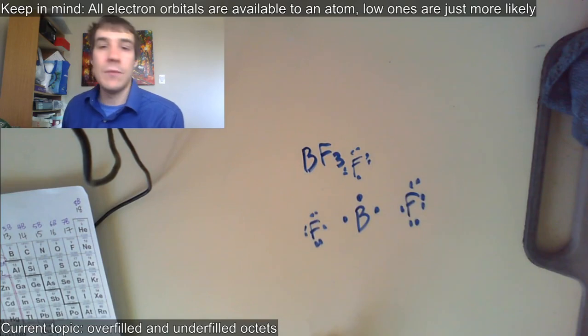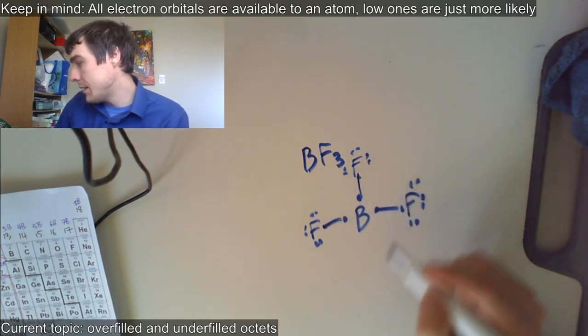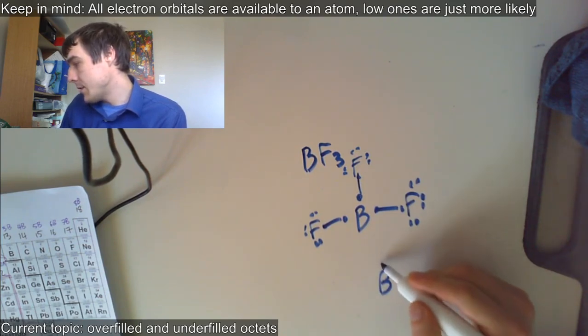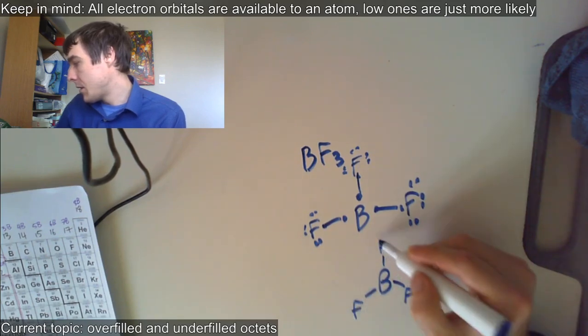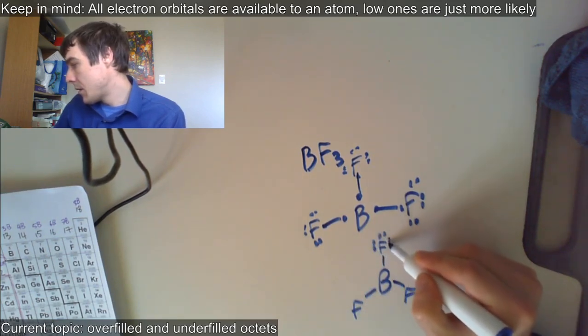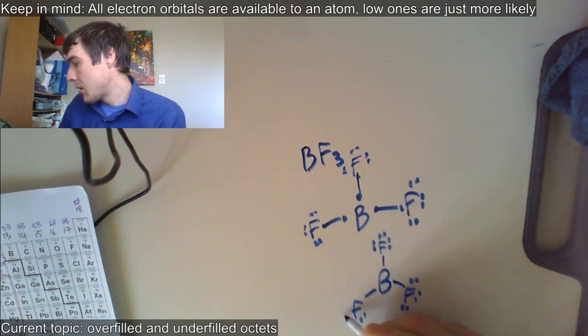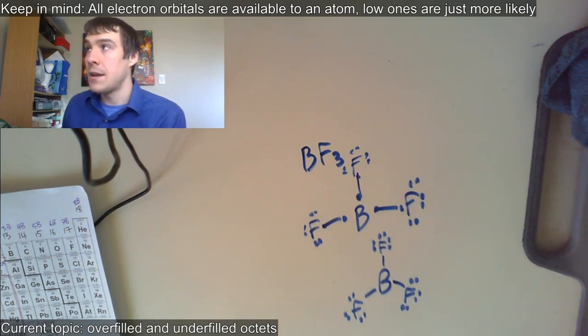I think you can see where the Lewis structure is going, right? It's going to bond like that, so we predict a structure that looks like this. Why is this weird?